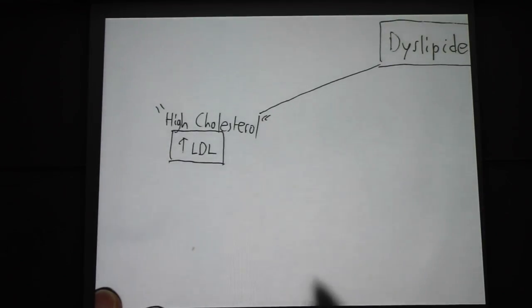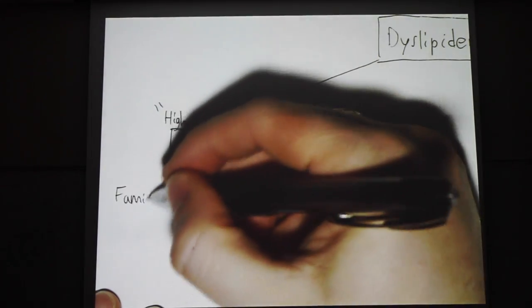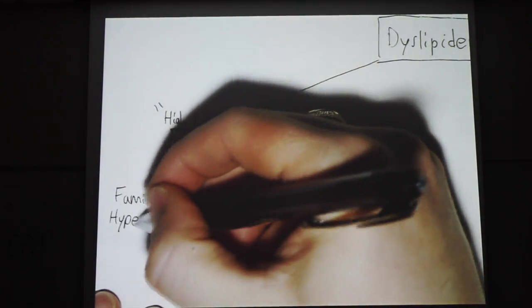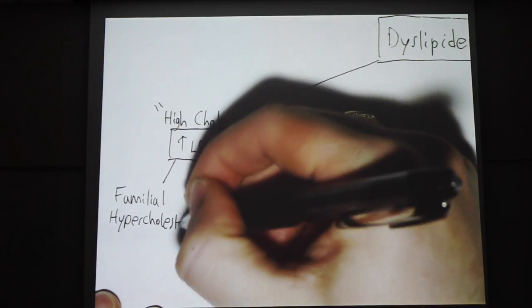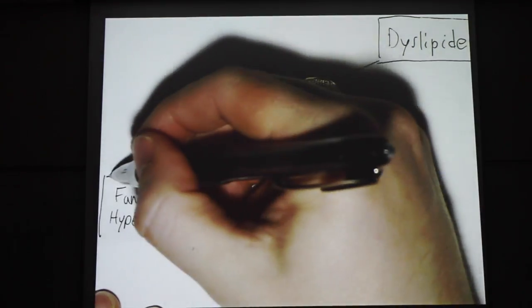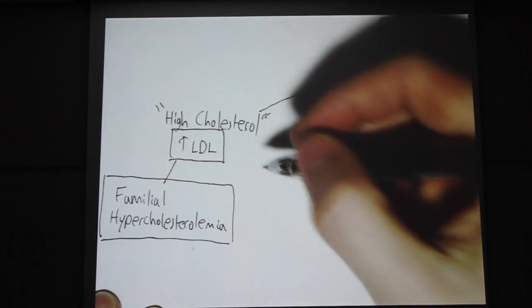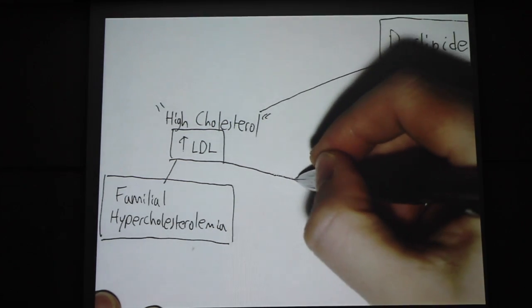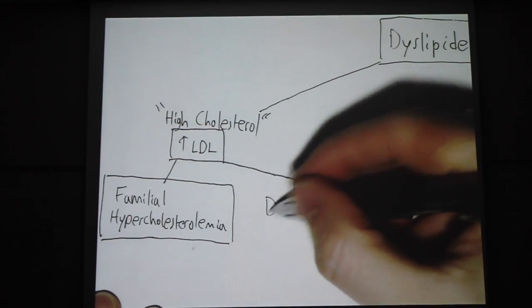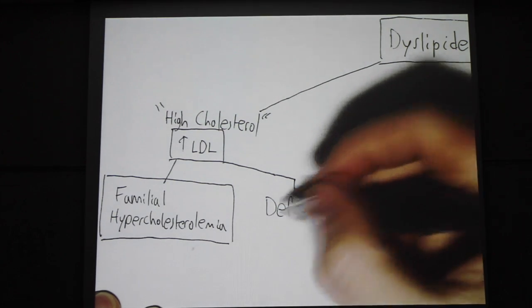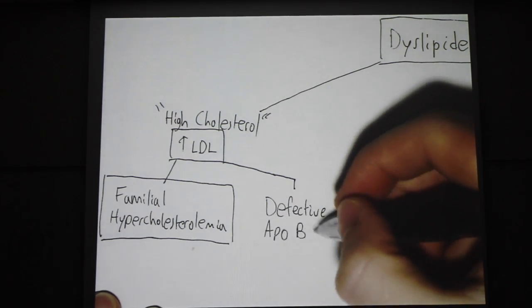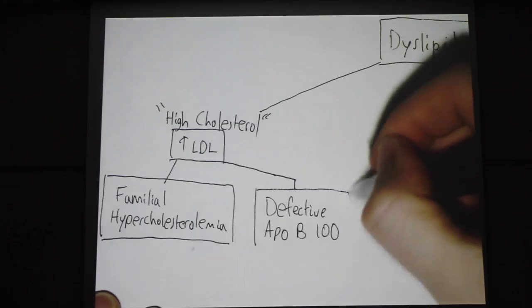So there's two real key different disorders here that we need to be familiar with. The first is familial hypercholesterolemia, and the second is a defect in ApoB100. Both of these are inherited disorders, and they actually present pretty similarly clinically, but they have some different causes, so we're going to define those different causes here.